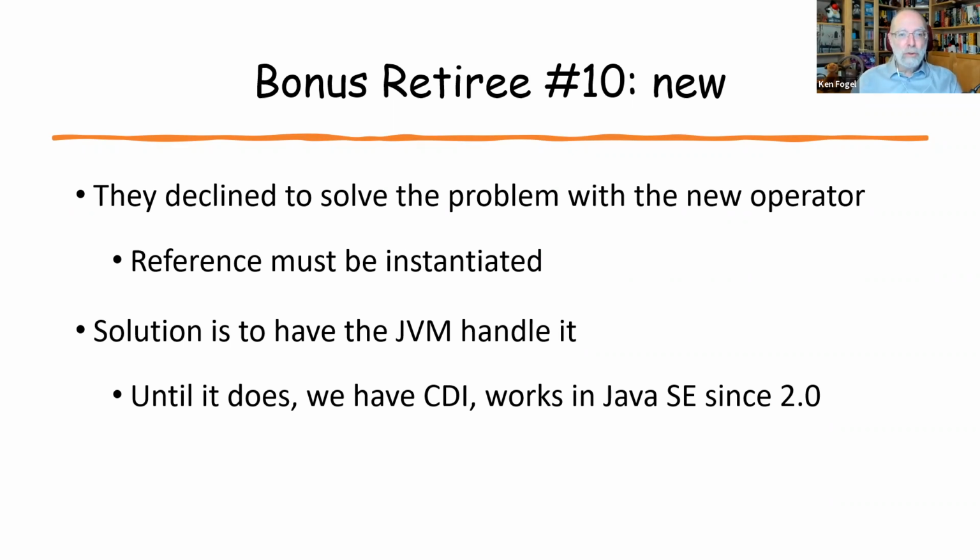On first use, just declare it for me. Don't make me worry about, did I say new? Is the reference valid? The 3 states no longer exist when we use something like CDI.